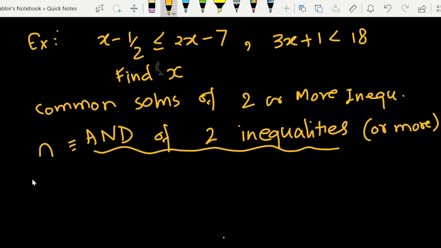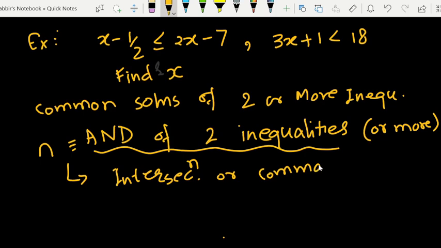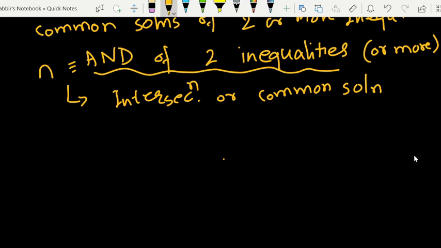So we have to find the intersection, or the solution which is common to both. We will see how with some examples, guys.